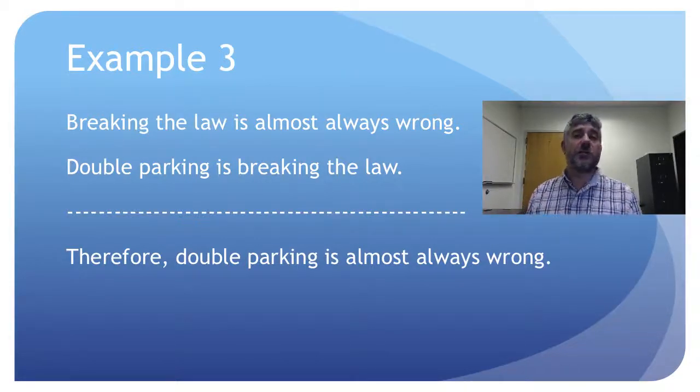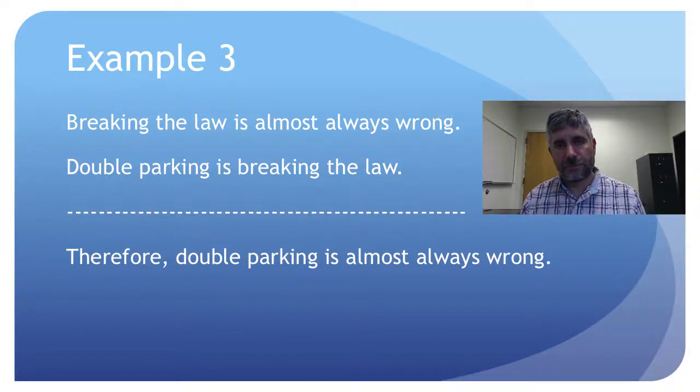Maybe breaking the law is almost always wrong, but just not in the case that you produced. So you can't produce a counterexample to a generalization of the form breaking the law is almost always wrong. That generalization might be false, but you can't show that it's false by using a counterexample.